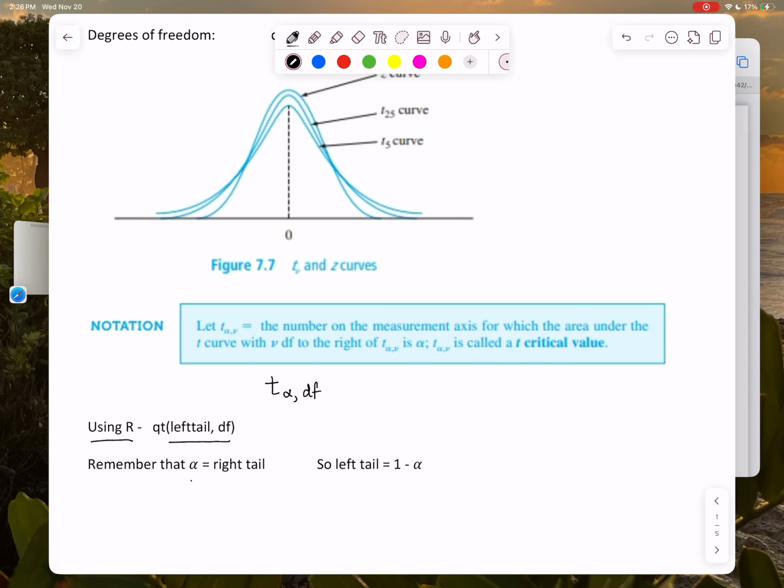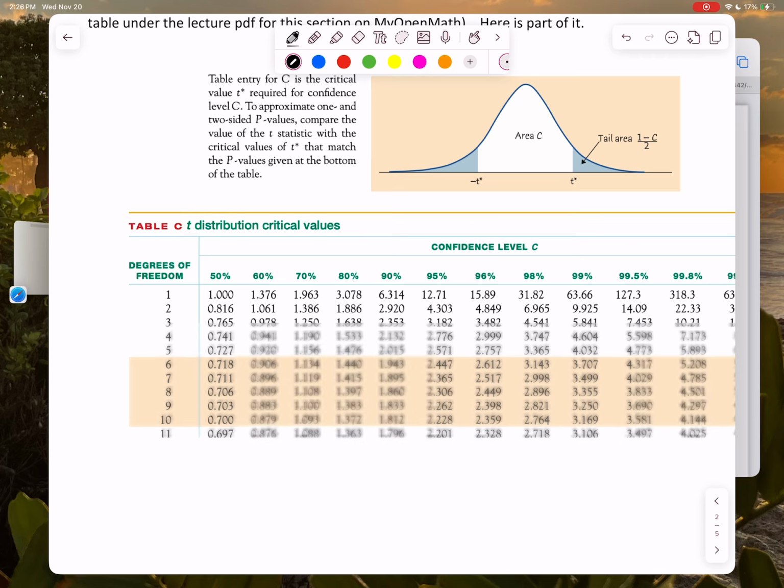In this case, alpha is going to be the right tail, the area to the right of t. So this is the alpha region. I'm going to call that the upper tail or the right tail, and the left tail is going to be 1 minus alpha. We're going to need these t values to do confidence intervals.